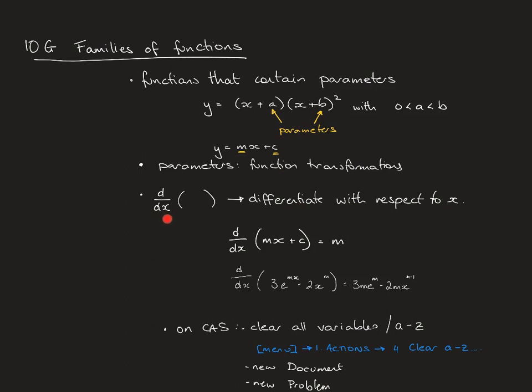But what you need to remember is if you're differentiating something with respect to x, so d dx of whatever it is, you treat all of the other parameters as constants. I know that they're not actually constants, and that's how you get your family of functions, but when you're differentiating, you treat it as a constant.